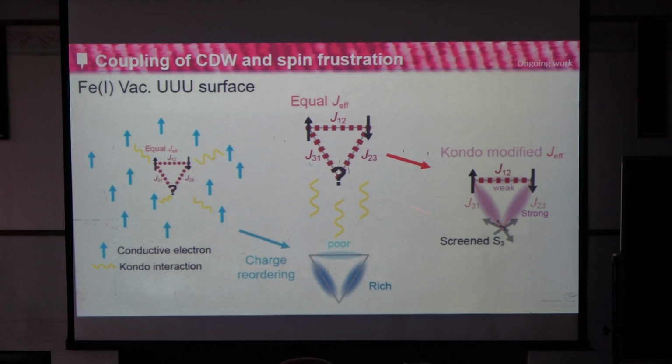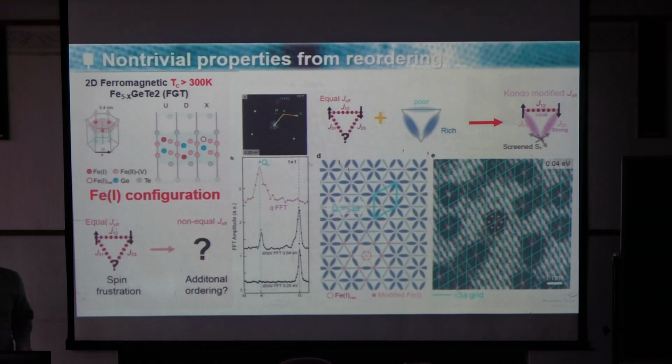So finally, we can consider these two spins still antiferromagnetic, but this spin is already Kondo screened, so it can have a random spin orientation. So in this work, we consider the FE1 configuration, and it results in the spin frustration.